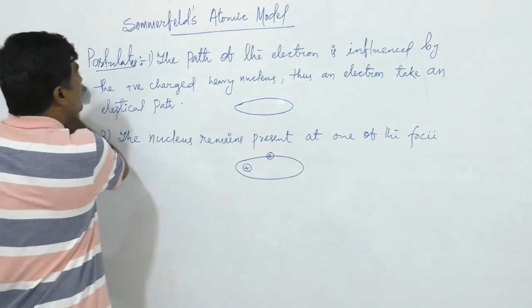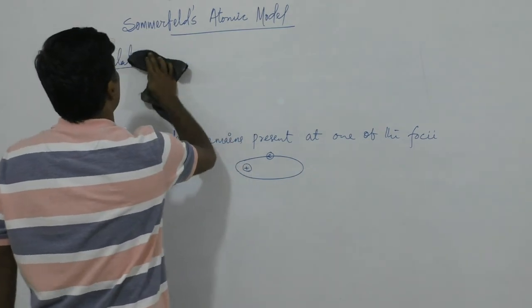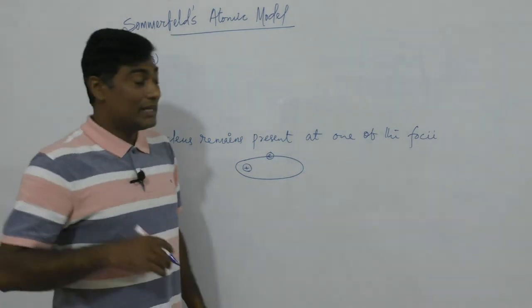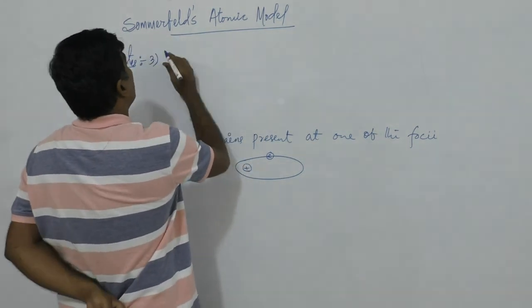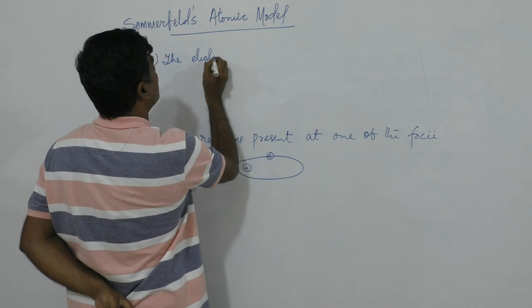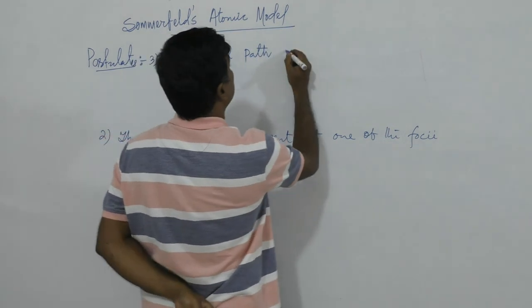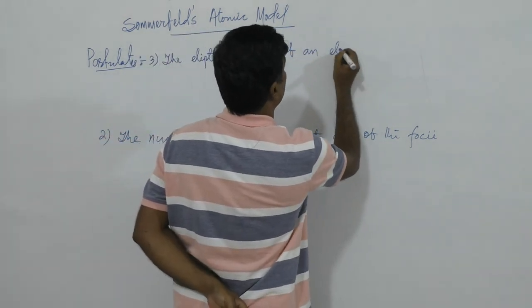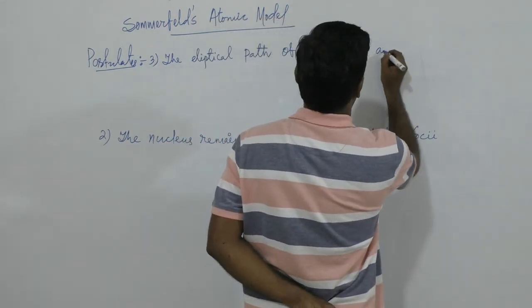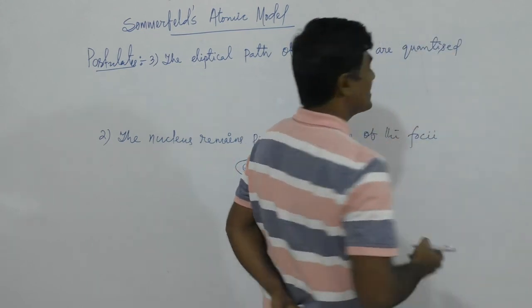So the third postulate is that the elliptical paths of an electron are quantized. What is quantized?